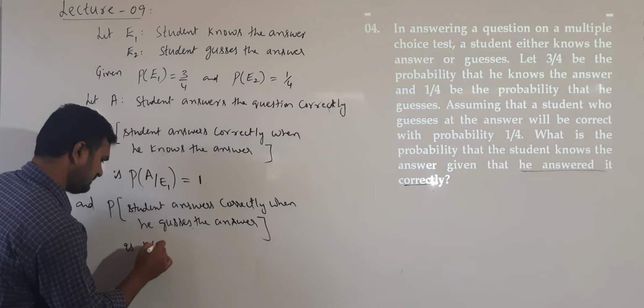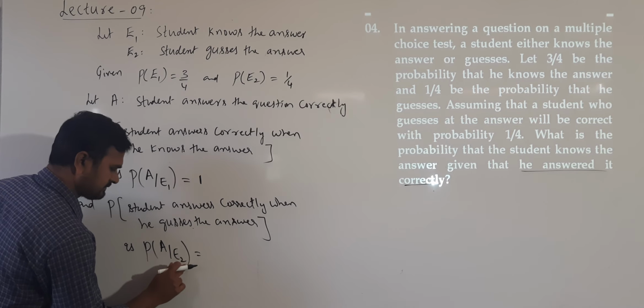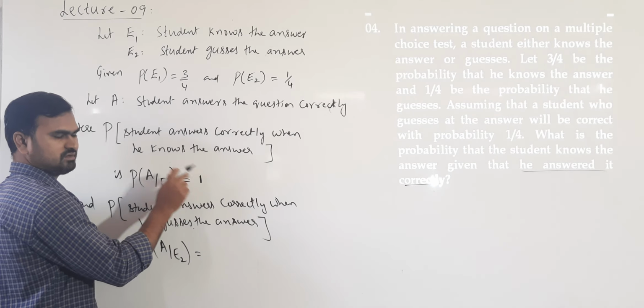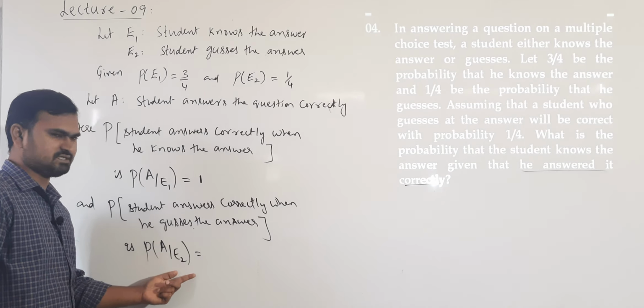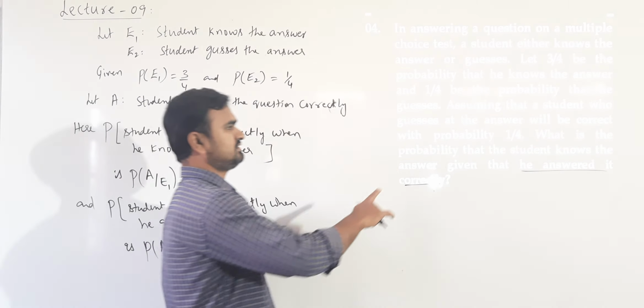So what is the probability of getting the correct answer given that he is guessing? If he knows, then answering is always a sure event. Probability is 1. But if he is guessing, is it always correct? No. That is what is given.